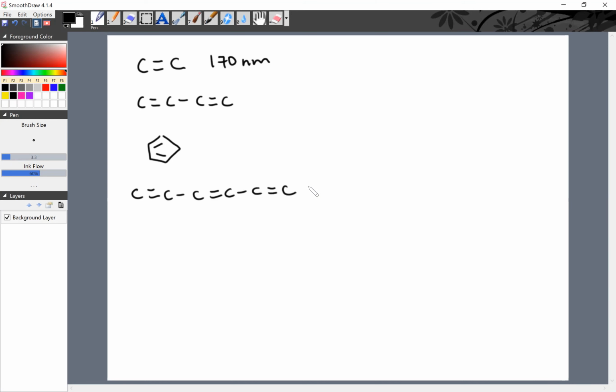What about 3? And then let's get really wild and crazy. 1, 2, 3, 4, 5, 6. Okay, we're clear down in the 170 nanometers, and often that was written as lambda max, where it's absorbing.